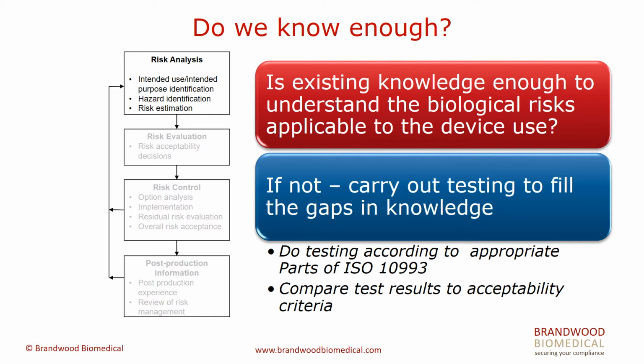We then do testing according to appropriate parts of ISO 10993 and compare the test results to the acceptability criteria that we've developed in terms of what endpoints are important, and whether the results show acceptable biocompatibility through things like cytotoxicity, irritation analysis, systemic toxicity, or whatever else is required.